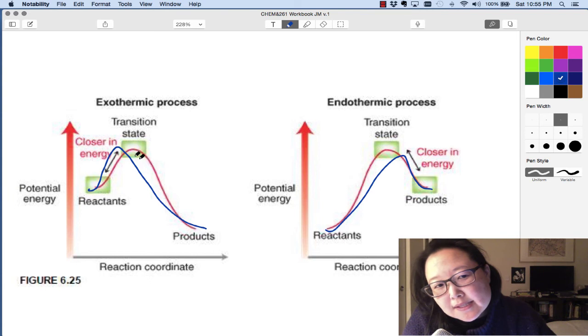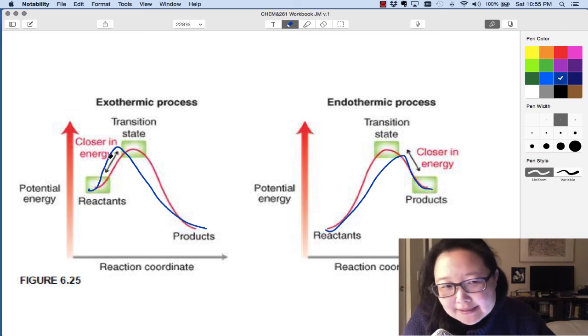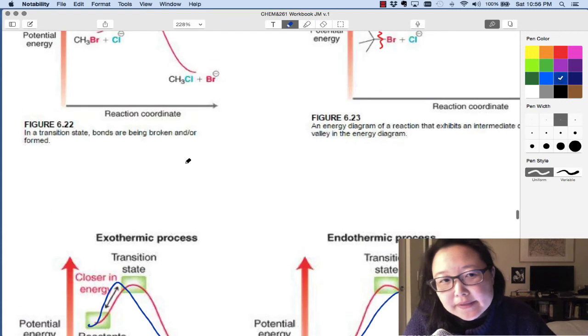And so when you see that it's closer to the reactants, it's usually because its energy is closer to the energy of the reactants. So we call this an early transition state because it's closer in energy to the reactants, which means that we're assuming it's close in structure as well. It's some kind of a structure that resembles the reactants more than it resembles the products.